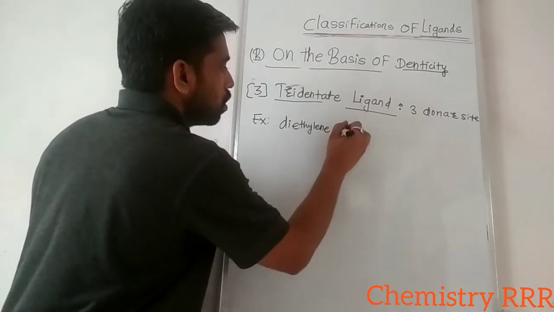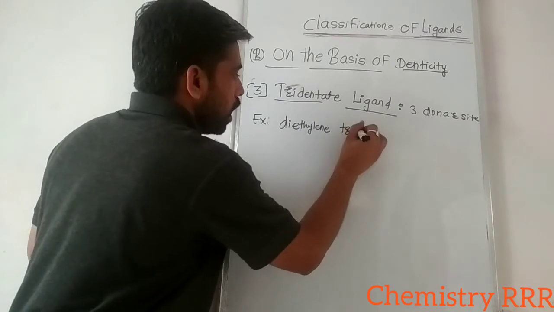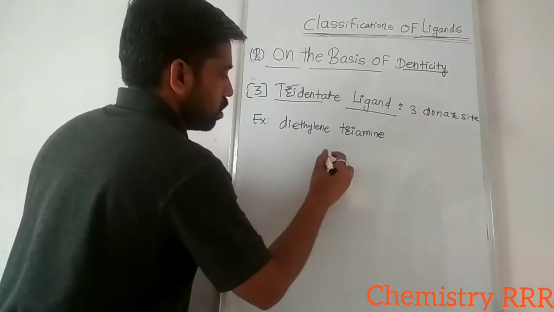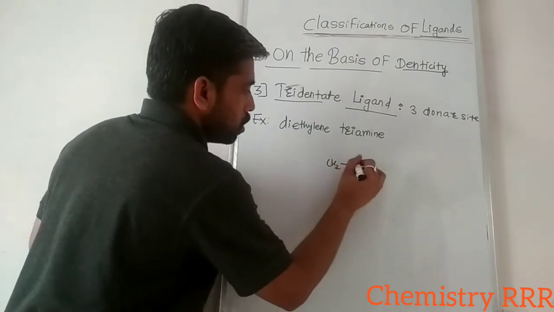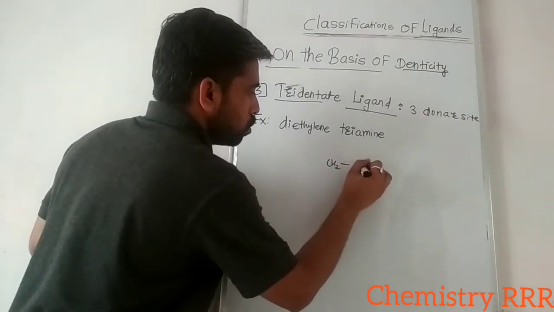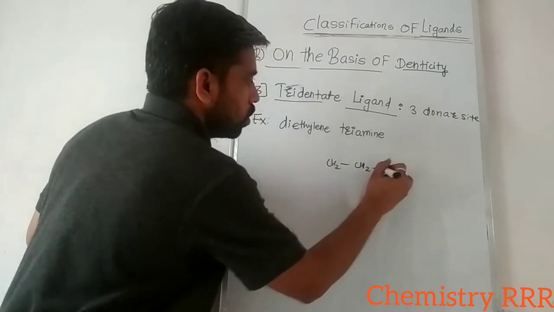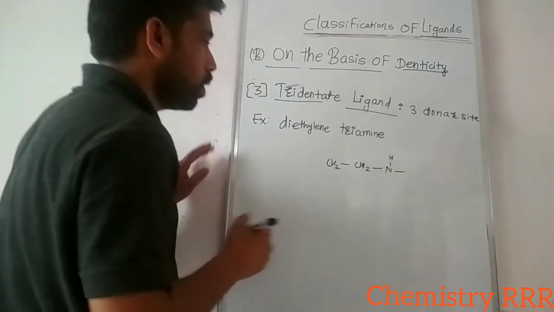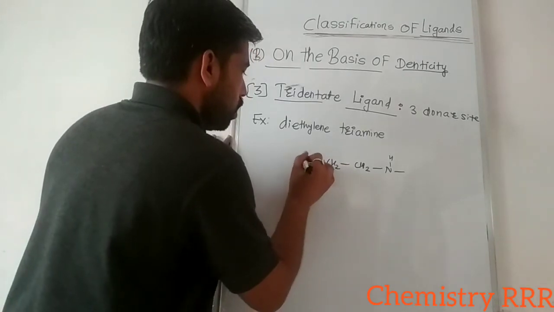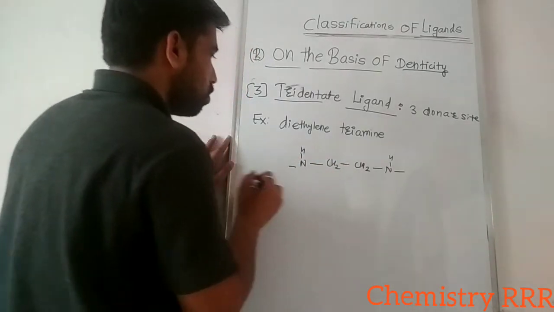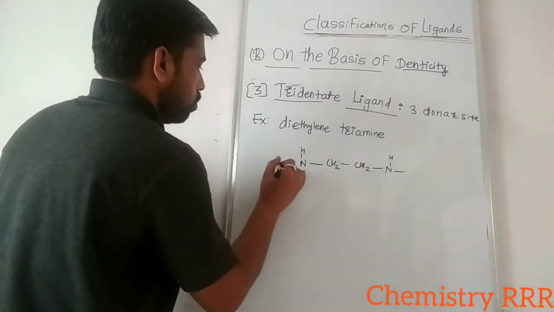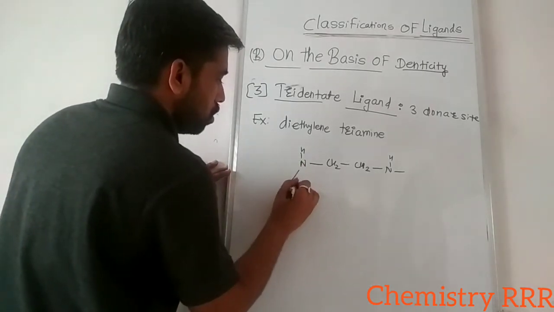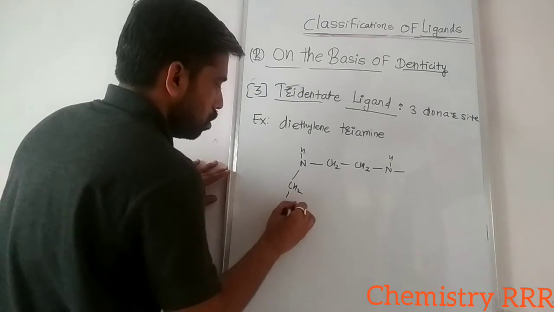Diethylene triamine. The structure is CH2, CH2, then NH, again NH, then CH2, CH2.